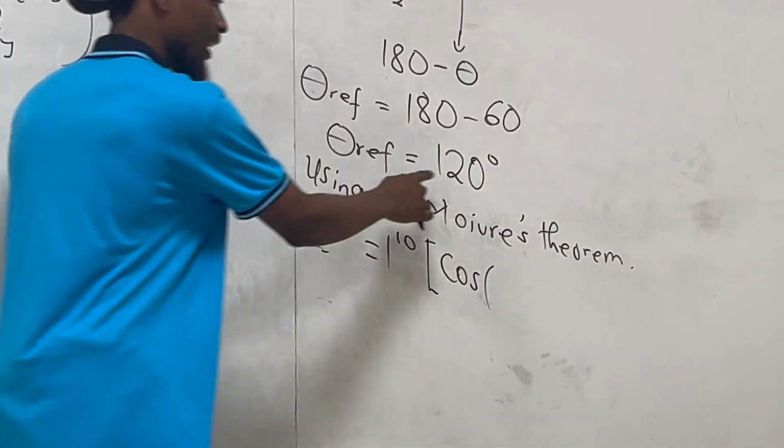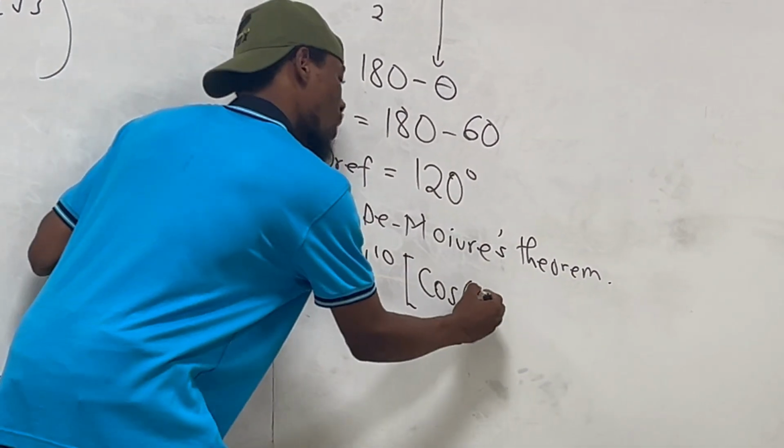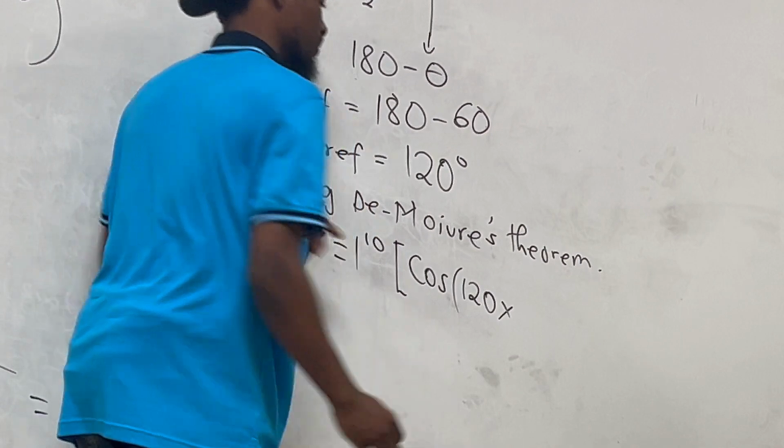What is my theta? Theta is 120 degrees, times my n.